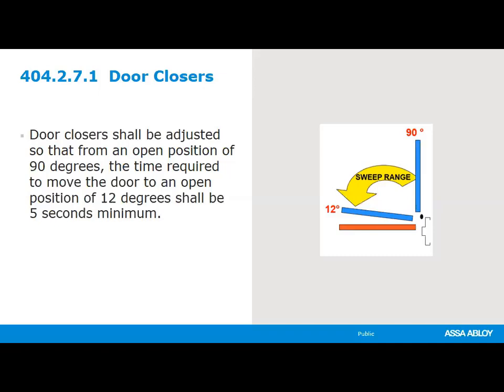With delayed action, when you open the door to 90 degrees and let go, instead of the door closer starting to close immediately and going into the sweep speed, the delayed action will delay the closing for 3 seconds or 5 seconds, whatever you adjust the valve for, before the door starts to close. And again, that's not a requirement, but it's nice to specify delayed action on any interior door that you may need a little extra time getting through.